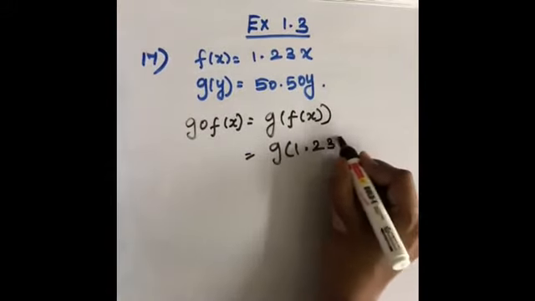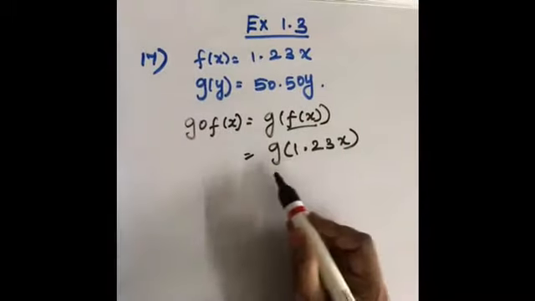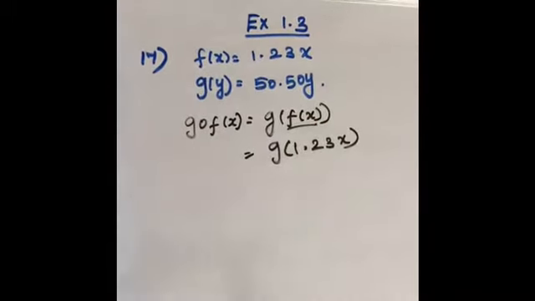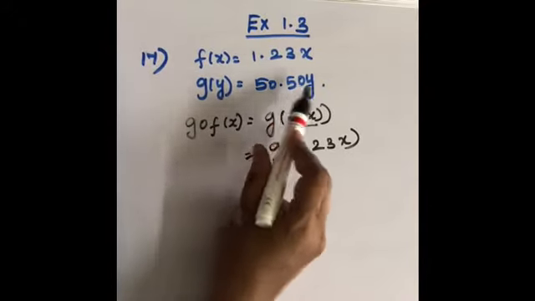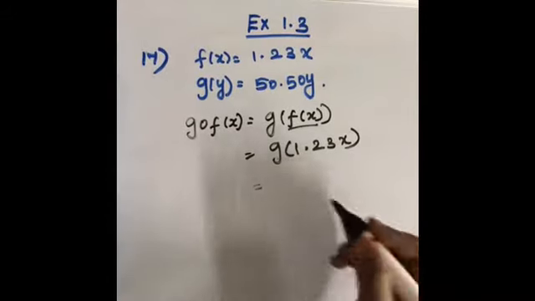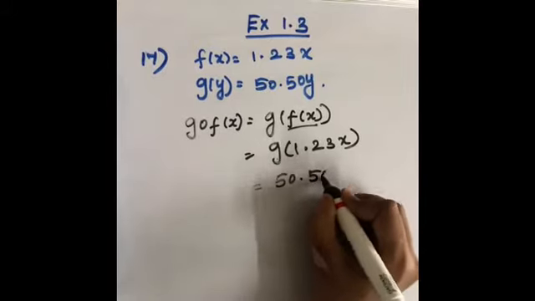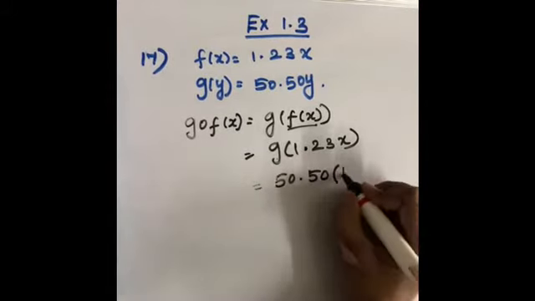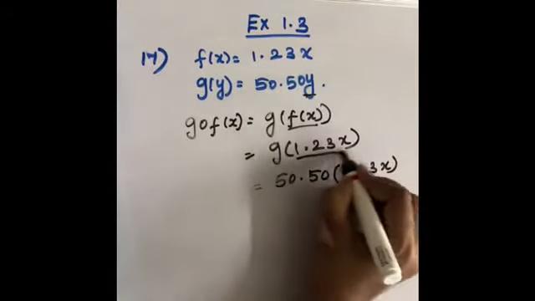Okay, so g of 1.23x. Instead of f of x, I substitute this function. So g of y is equal to 50.50y. So g of 1.23x can be rewritten as 50.50 into 1.23x. Instead of y, I am writing this function.